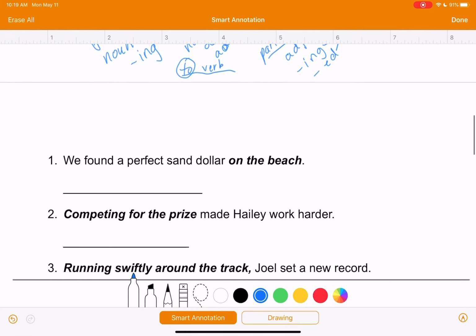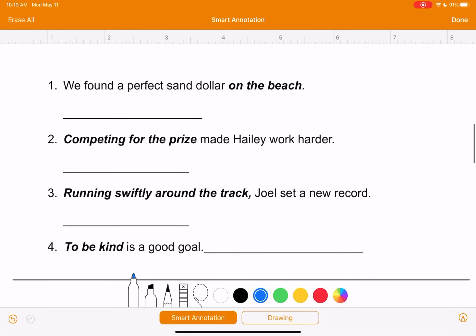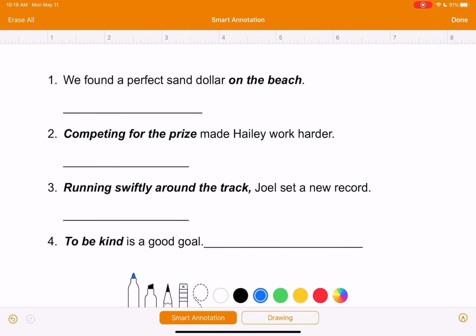Okay, let's try a few of these. Number 1, we found a perfect sand dollar on the beach. Okay, here's a word. Hopefully you remember from your list of prepositions you memorized on. If you don't remember that, you can kind of tell because this little phrase is modifying. It's actually telling where.